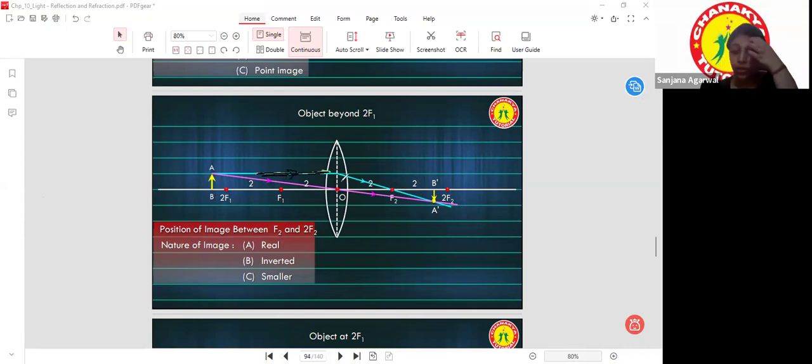These two rules seem very easy. Another ray passing through the optical center will pass straight. So you can see that the image is obtained between F2 and 2F2. The size of the image is smaller than the size of the object. Because it is obtained on the other side, you need a screen to be placed. The image will be real, inverted and smaller in size.